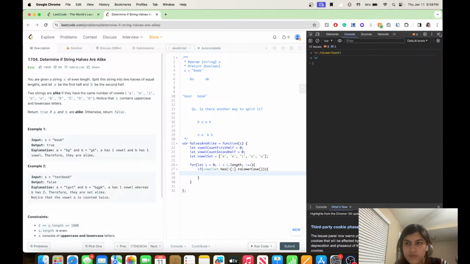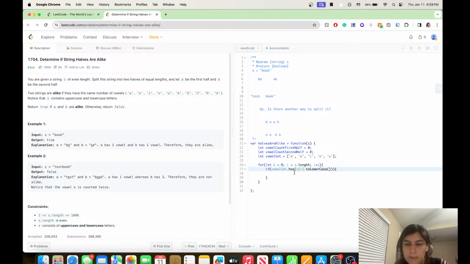Hmm. This function is correct. If it has the character, then it means that it is a vowel.